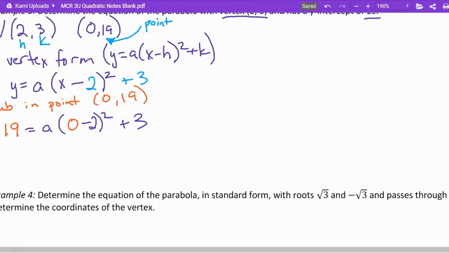So this one's actually pretty nice. So remember, if you need to practice BEDMAS, then you're practicing BEDMAS as well, right? No shame in having to go back and just review some of these. So bring the 3 over, 19 minus 3 equals A, 0 minus 2 all squared is just 4. 19 minus 3 is 16.